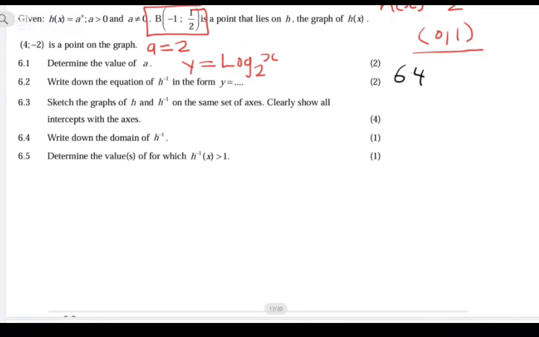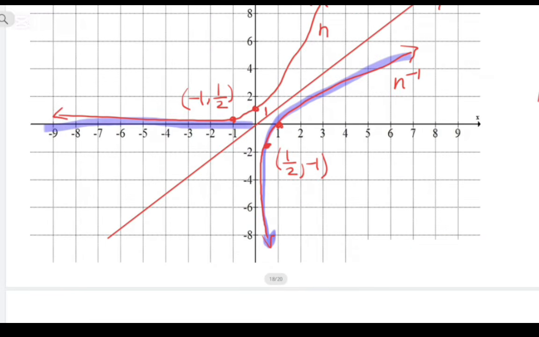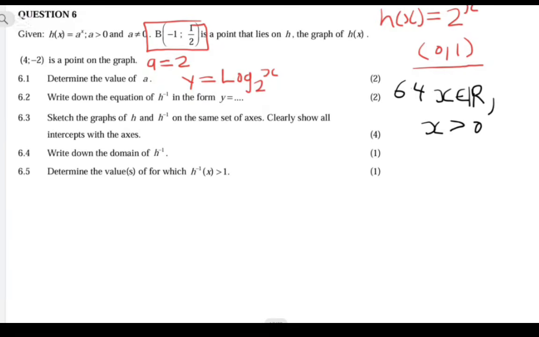It's going to be, it exists in all the elements of real numbers, but where x is greater than 0, that's where this graph is existing, where x cannot be equal to 0 because here we have an asymptote, remember, yes, so it is existing where x is greater than 0.